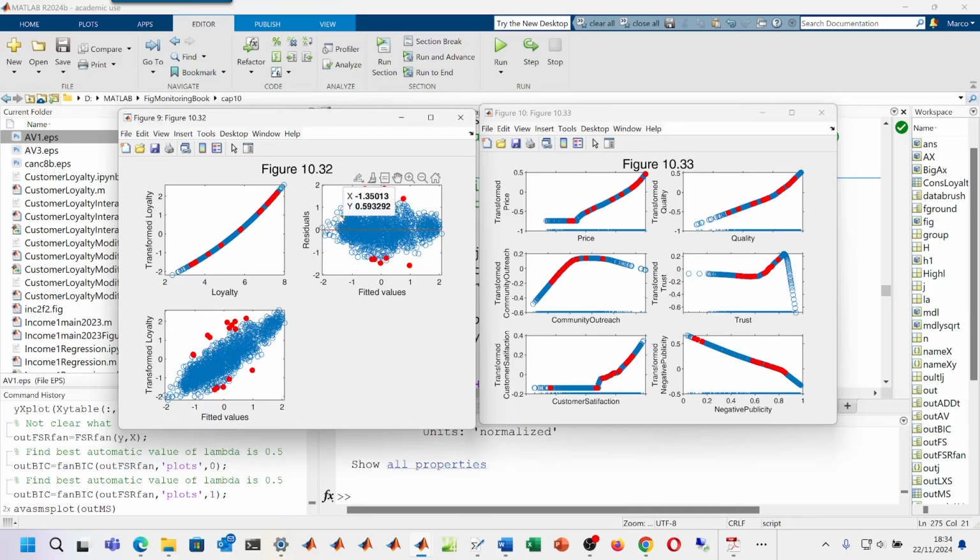In these plots, it's important to notice that the red dots are plotted after the blue ones. So there will seem to be many more outliers in the plot of transformed loyalty against loyalty than in fact there really are. The outliers are also shown in the transformed values of the explanatory variables.